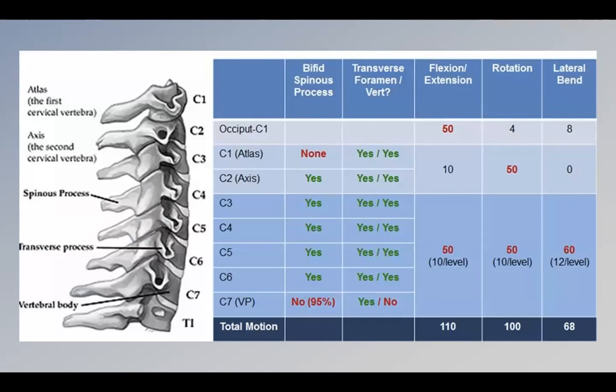So here's a scary picture of the cervical spine, and I hope you see my arrow. You recall that C1 is a ring and C2 has a stick sticking up into it, right? That's the atlas and the odontoid, right? And a lot of flexion and extension occur, 50% of it occurs between the occiput and C1. You can see that the spinous processes have a hole on the side, variably 3 or 4 levels down.